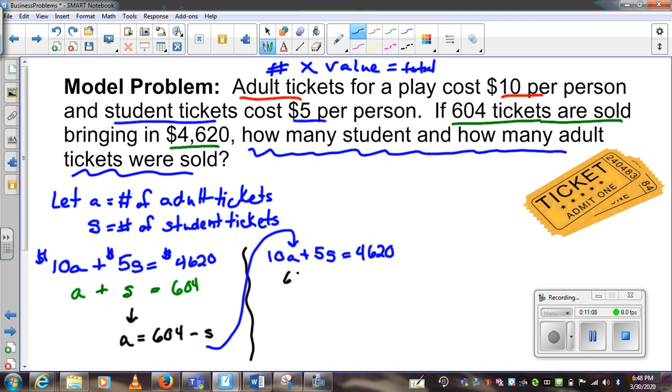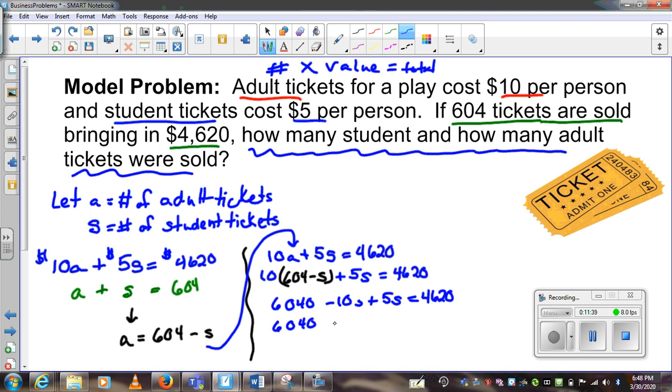So I'm going to put in the 604 minus S right there. So 10 times that plus 5S is equal to 4,620. So that gives me 6,040 minus 10S plus 5S is equal to 4,620.